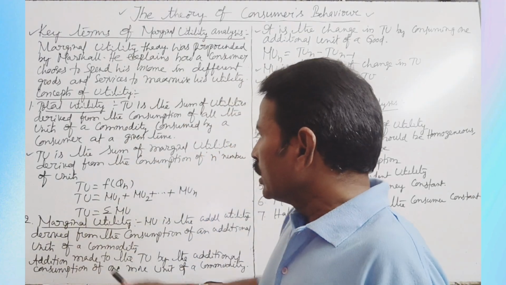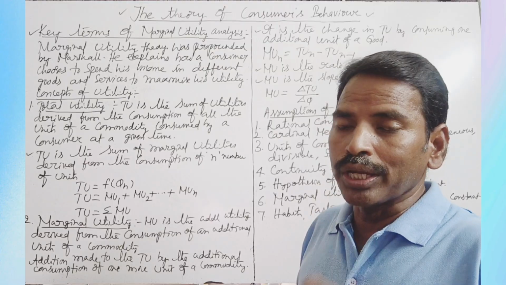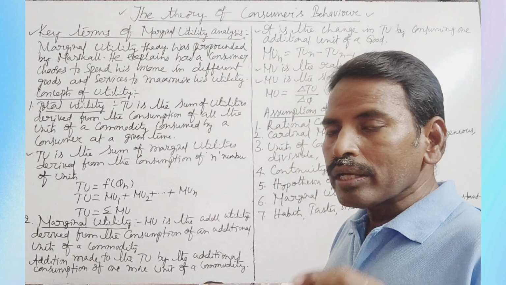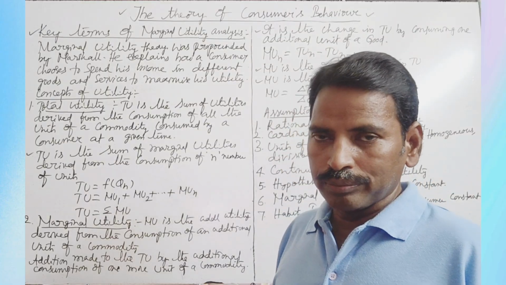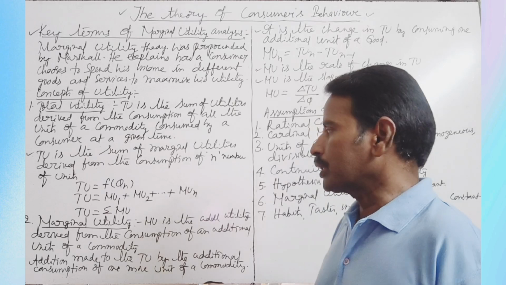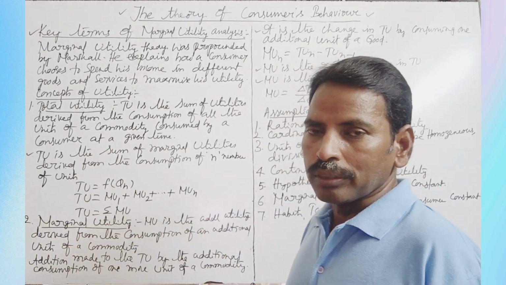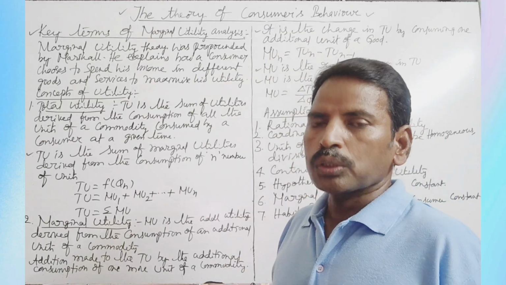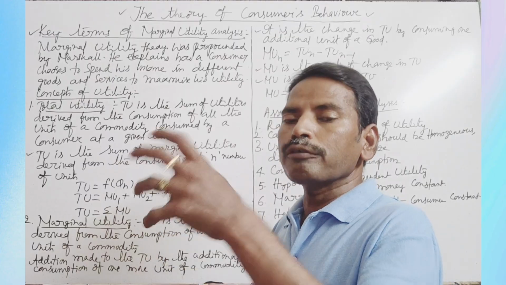Next, total utility is the sum of marginal utilities derived from the consumption of n number of units. So total utility can be expressed in equation: TU is equal to f of Qn. Total utility mainly depends upon the number of units.